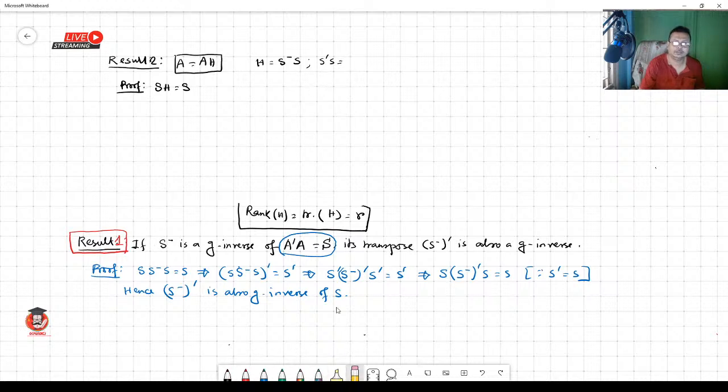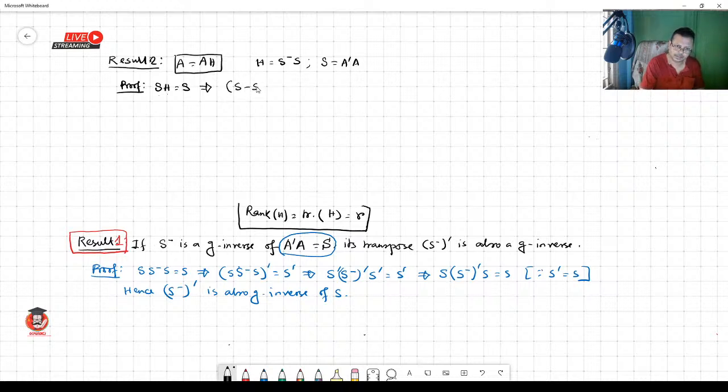Sorry, S is equal to A prime A. So from the property of G inverse, SH gives S. Okay.